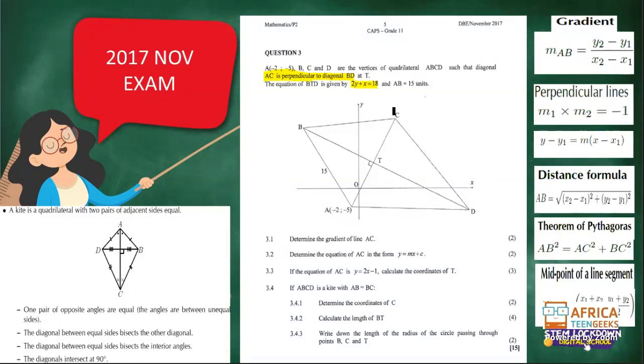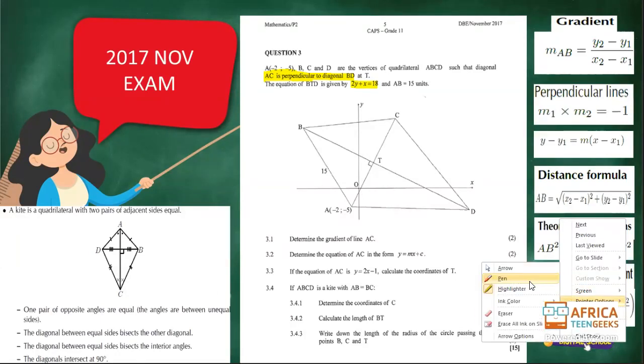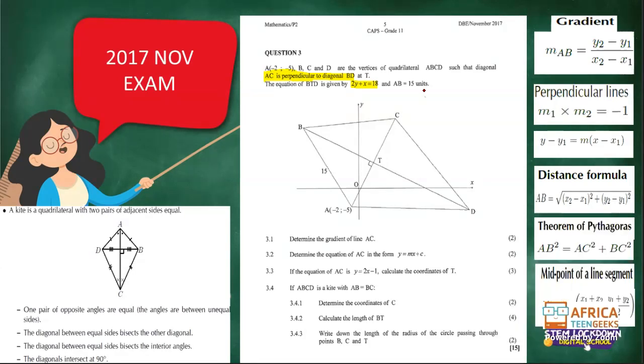Okay, so if we write this equation in terms of y equals mx plus c, we can get our gradient from the equation.